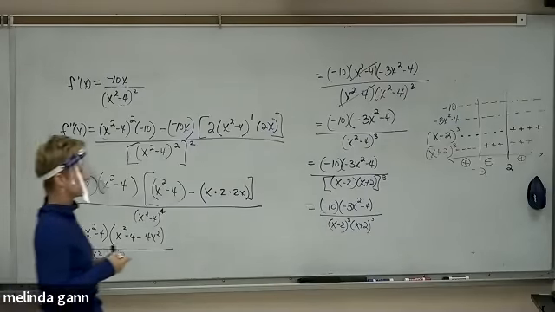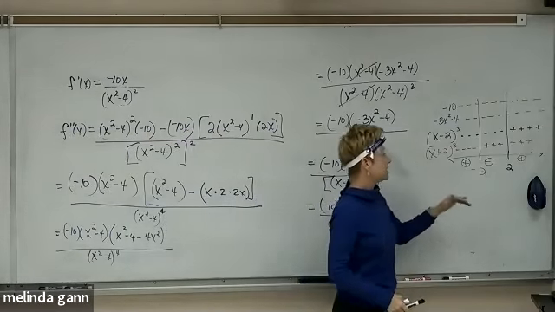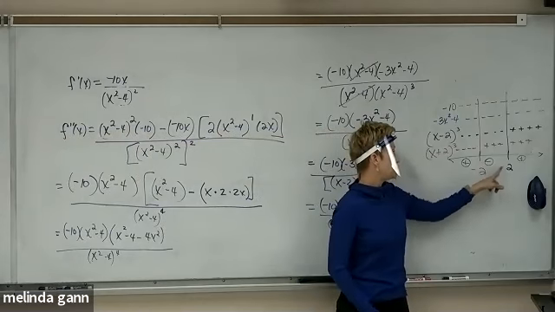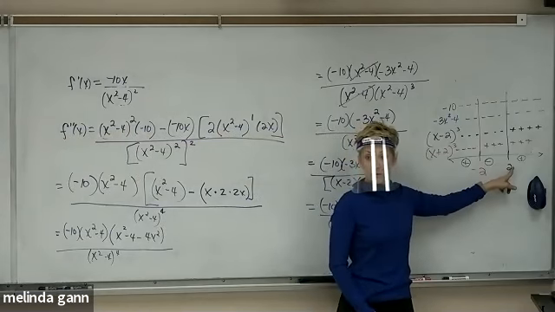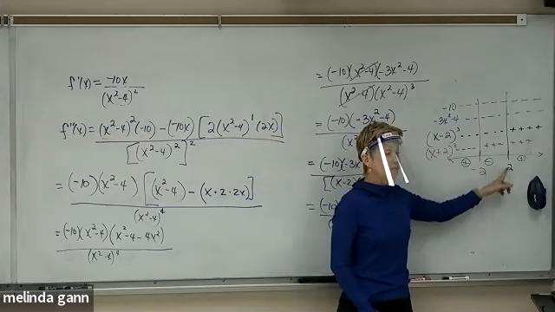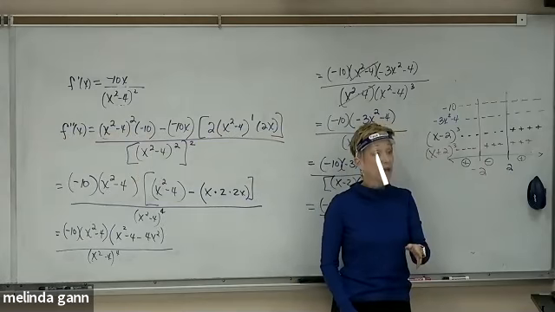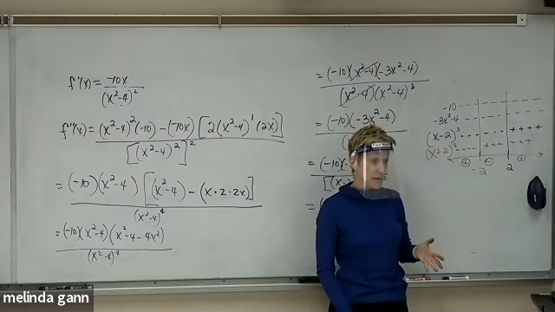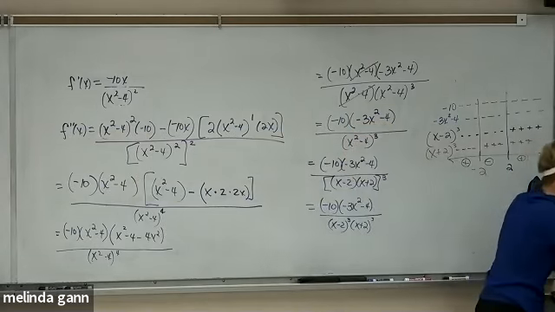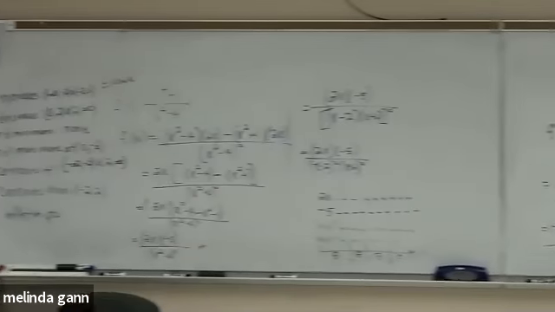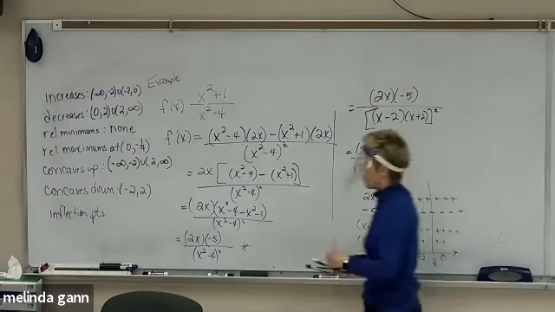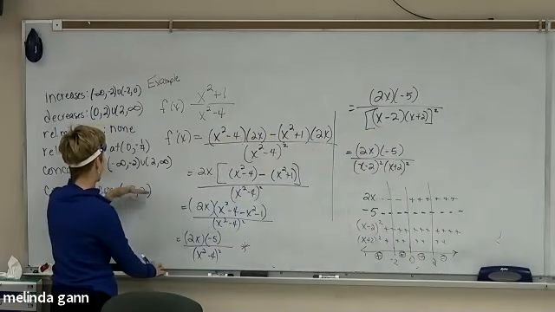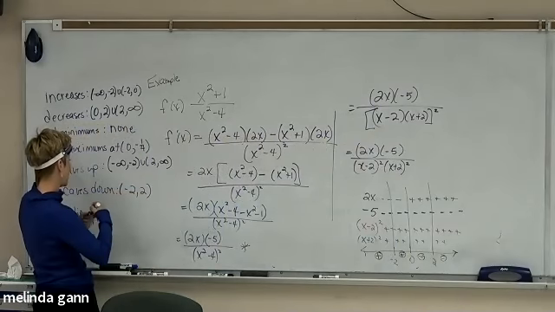Right? Now, do you see that the concavity changes right here? Those might be inflection points, just like when the increasing and decreasing changes, those might be maximums and minimums. So here's what I would probably have written on my paper. I've already filled in the concave up and concave down from the chart, and here's what I do.